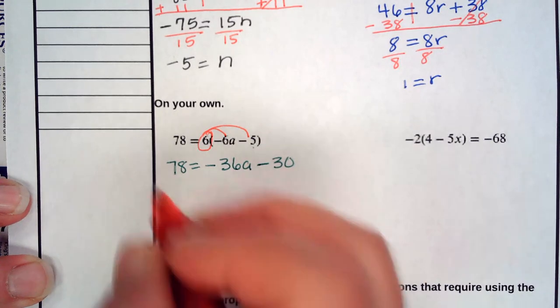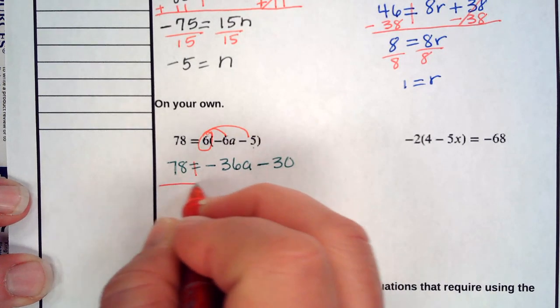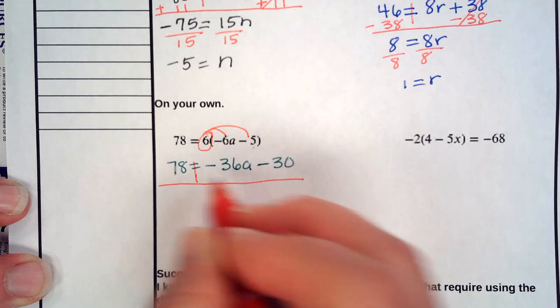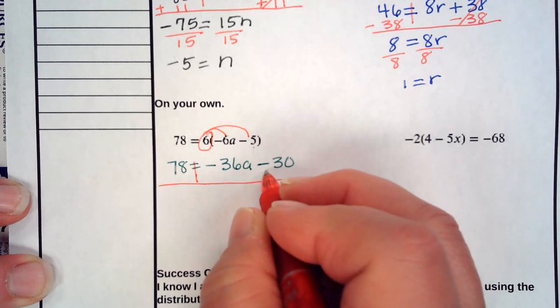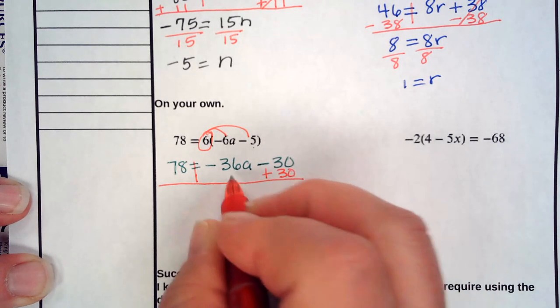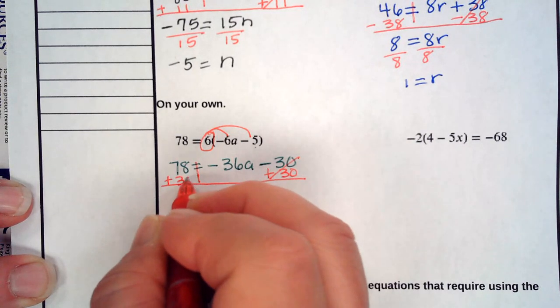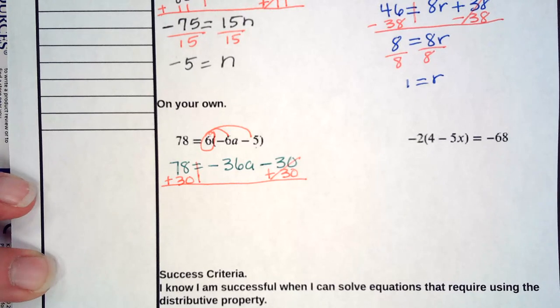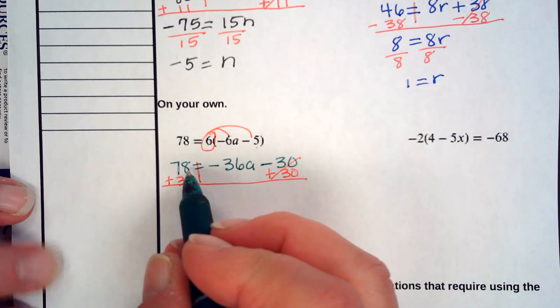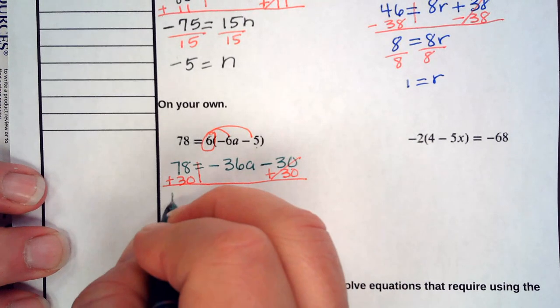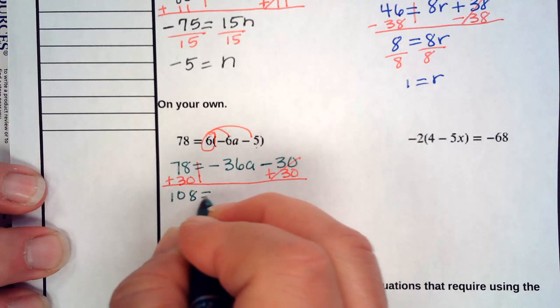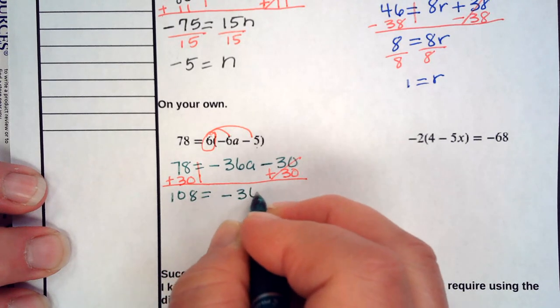Now what? Well, what is the opposite of subtracting 30? Is to add 30. I want to get this variable by itself. Okay, 30 plus 78 is 108 is equal to negative 36a.